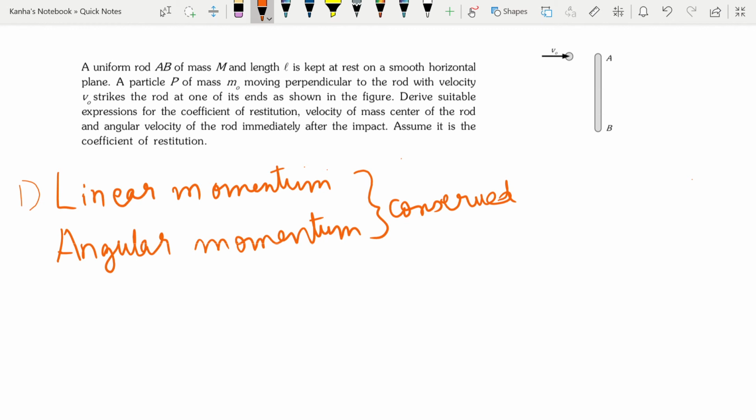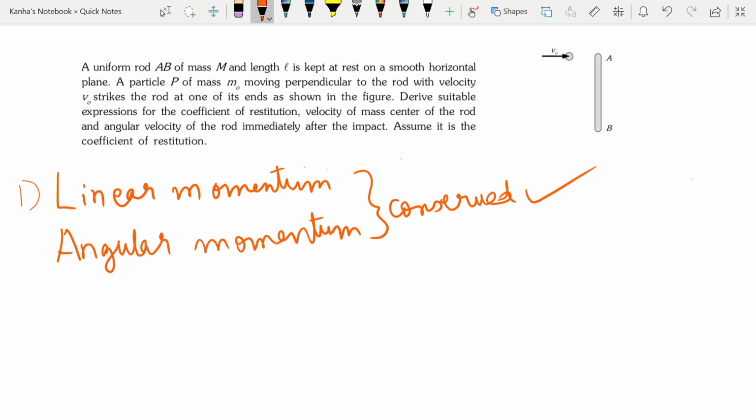Okay, so you should keep this in mind in all the problems involving eccentric collisions. Most of the time the linear momentum and the angular momentum conservation equations will probably give you everything that you need to know about the system.